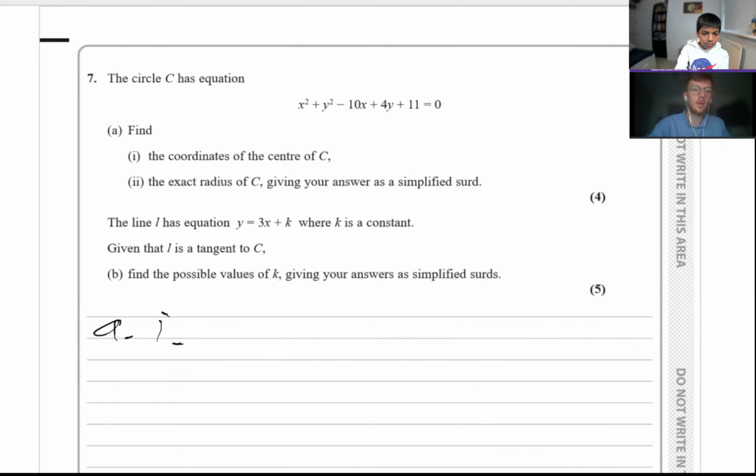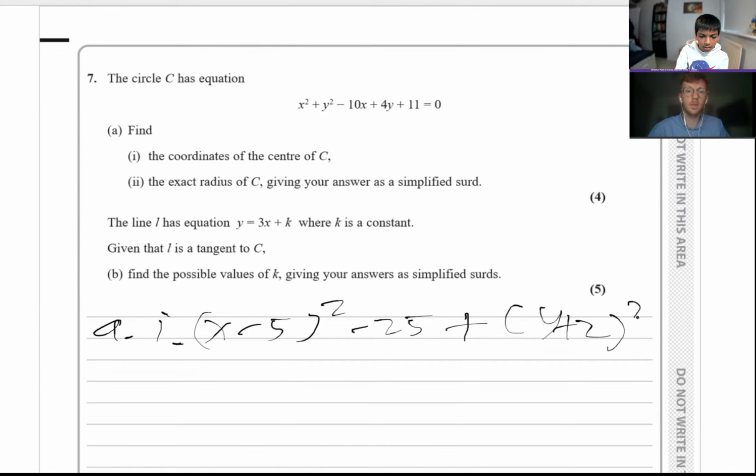That would change x squared plus y squared minus 10x plus 4y plus 11 into x minus 5 squared minus 25, and then plus y plus 2 squared and minus 4, and then finally the last one is plus 11.